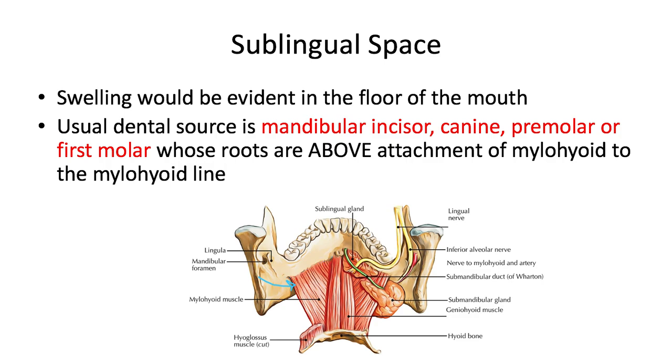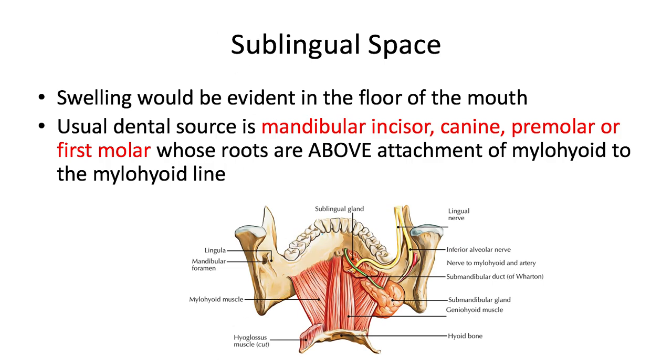So if, let's say, this canine root extends here and the apex is where the infection is, it can pierce through the cortical plate on the lingual surface and spread into that sublingual space. But if this second molar had a root apex that went down below the mylohyoid muscle, well, now we're talking about a different space altogether, below the mylohyoid muscle.